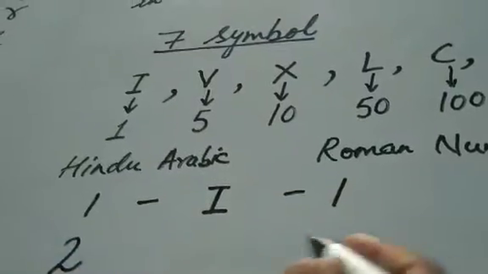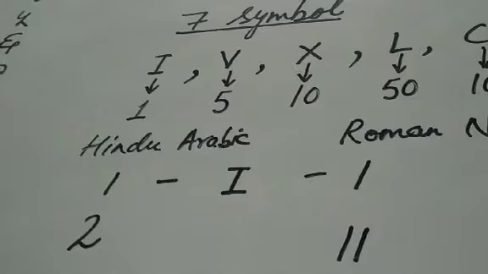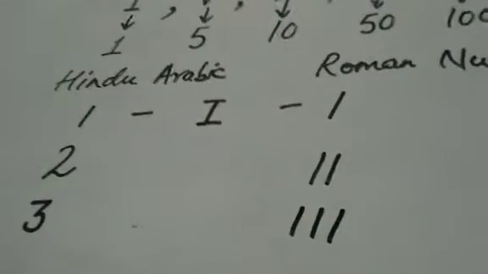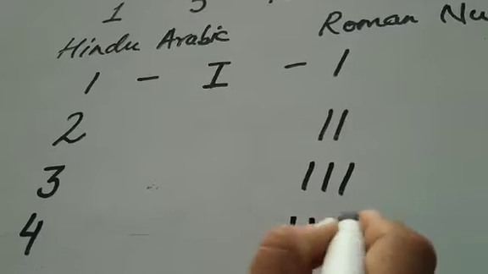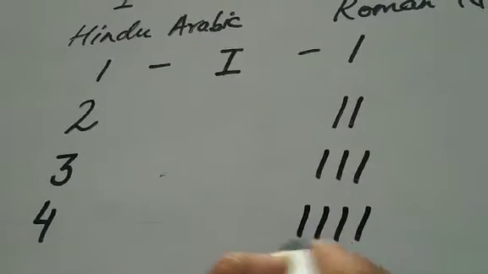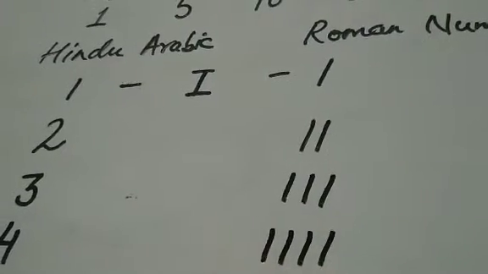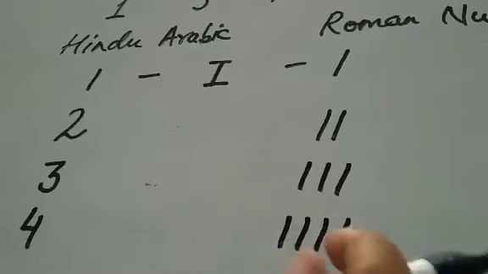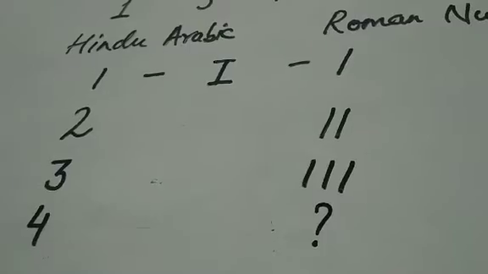How to write 2? 2 means you have to repeat I two times. 3 like this, I, I, I. Clear? 4, I, I, I, I. Is this right? No. This one is wrong. It takes maximum space, and this is not the way of writing 4 in Roman numerals. You have to leave this one for now.